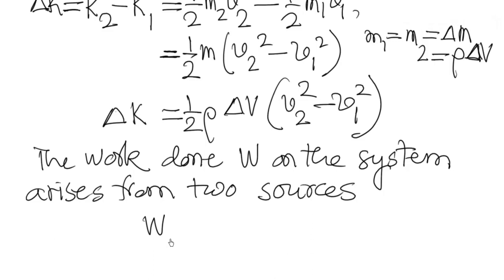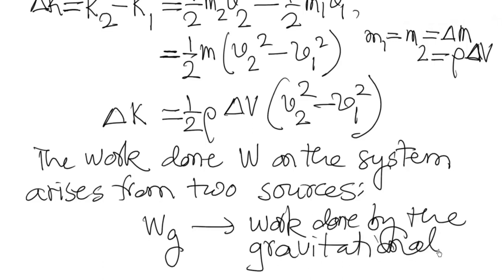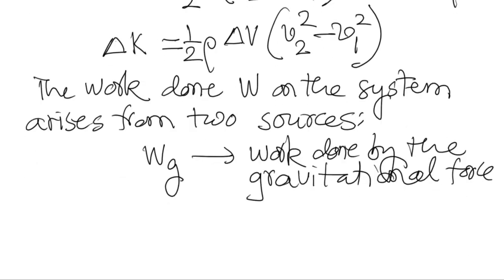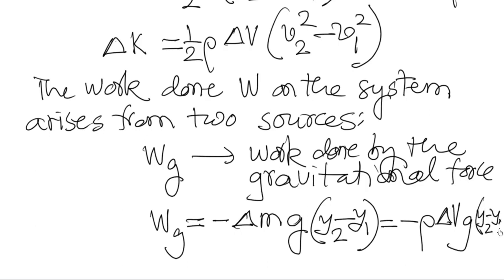We have Wg, which is the work done by the gravitational force, and which is minus delta m g into y2 minus y1, which is minus rho into delta V g and y2 minus y1.